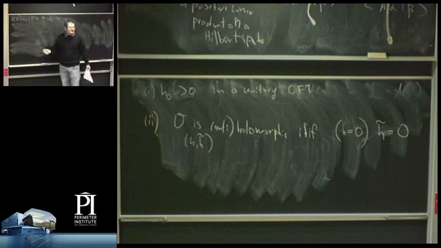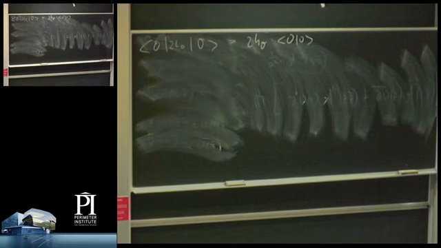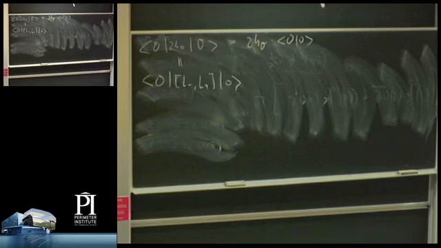I can evaluate it in an indirect manner by saying that this O is an eigenstate of L naught, so the answer is going to be 2h times the inner product <O|O>. And then there is another way to evaluate it: I can use the Virasoro algebra to write this down as a commutator of L minus 1 and L plus 1. In order to get this equality, I have to use just the Virasoro algebra.